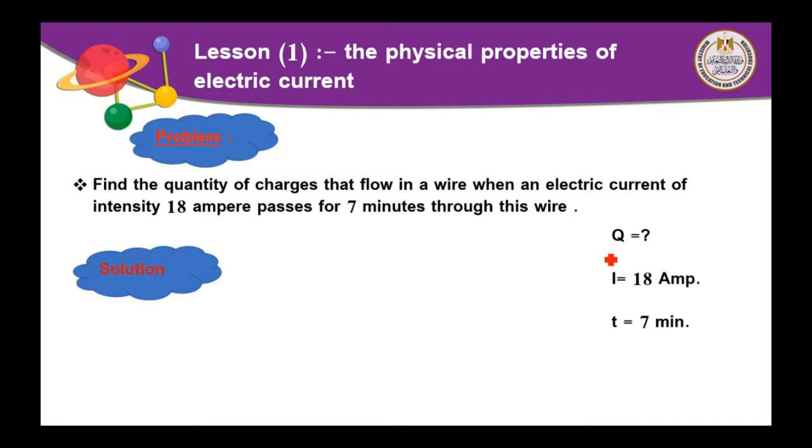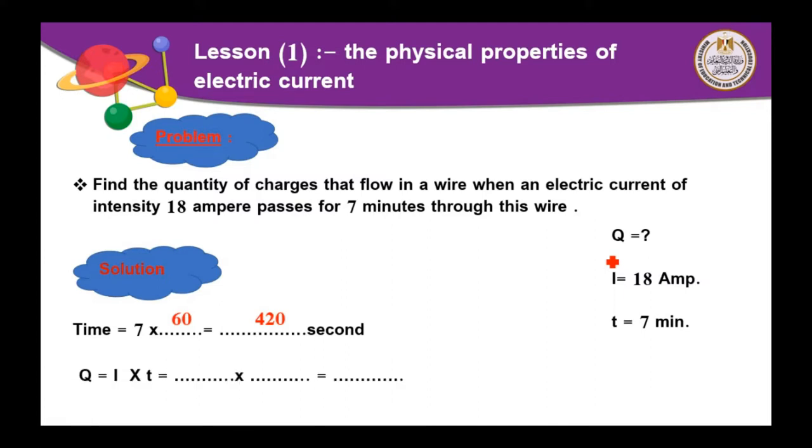First, we must change the time from minutes to seconds. So time equals 7 times 60, yes, equals 420 seconds.